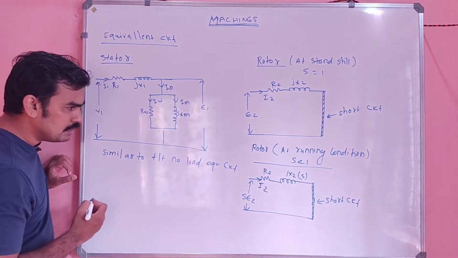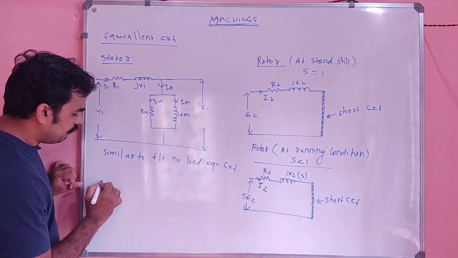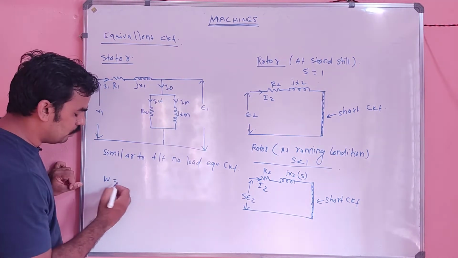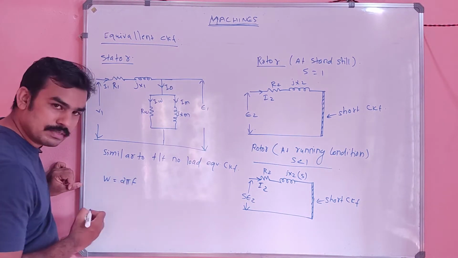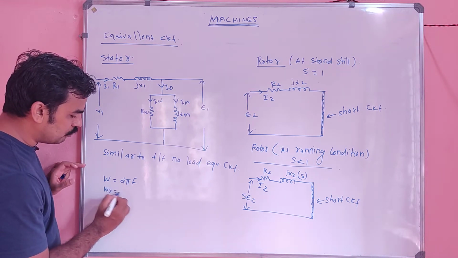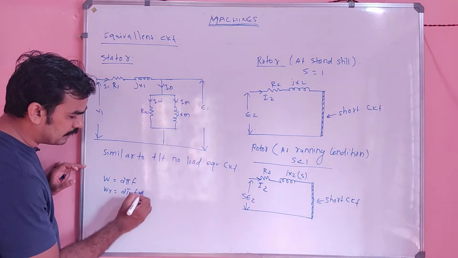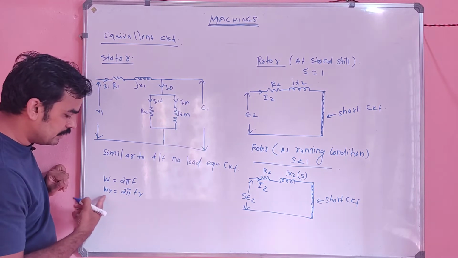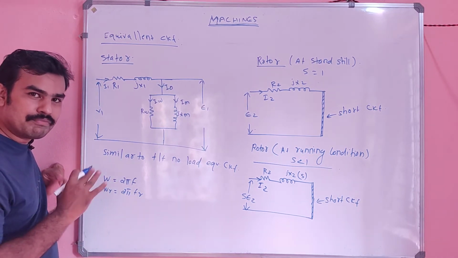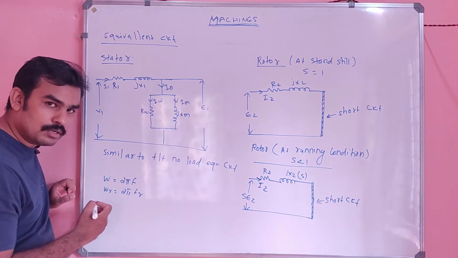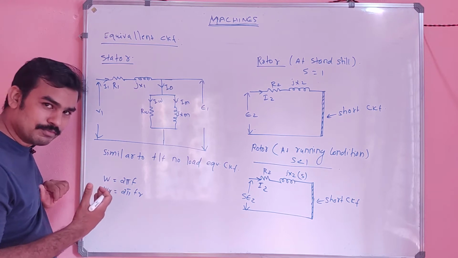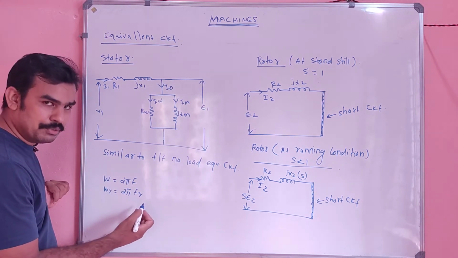Why? Because we have the relation omega equal to 2 pi into F, correct? Or omega R equal to 2 pi into Fr, correct? This omega is related to definitely the rotor, right? Omega R is the rotor angular velocity, which will be equal to 2 pi into Fr.